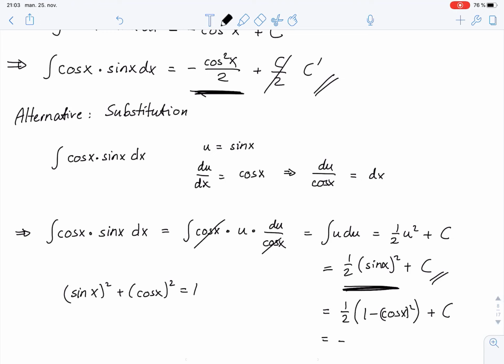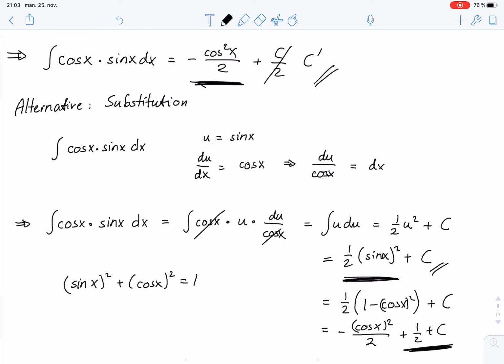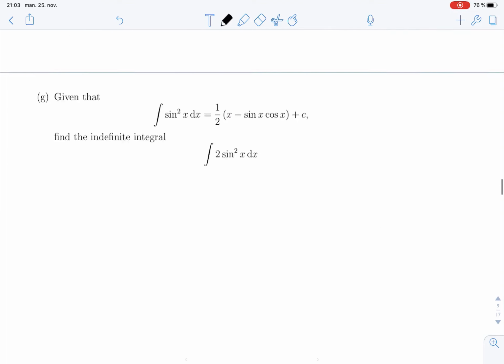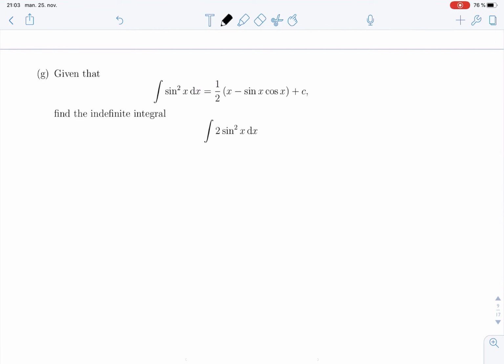So we have minus cosinus x squared divided by 2 plus a half plus c. So if we compare these, you'll see that here you will have one constant, and here you will have something else. So these two answers are the same because of this identity. I almost managed to confuse myself.